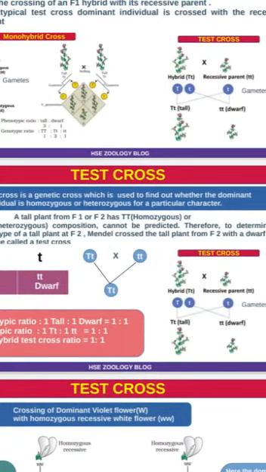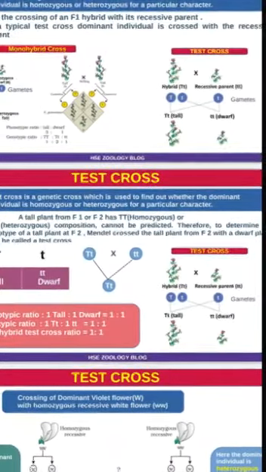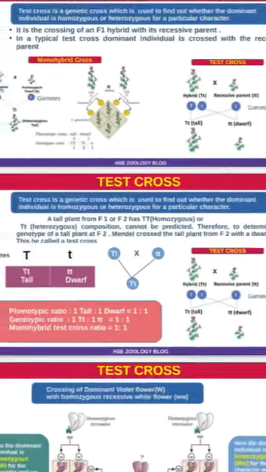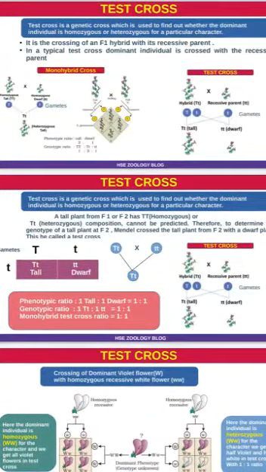So a test cross is a type of back cross, where we are crossing with its recessive parent. In other back crosses, we can cross with the dominant parent. So crossing with either parent is known as a back cross. If the parent is recessive, that cross is called a test cross.